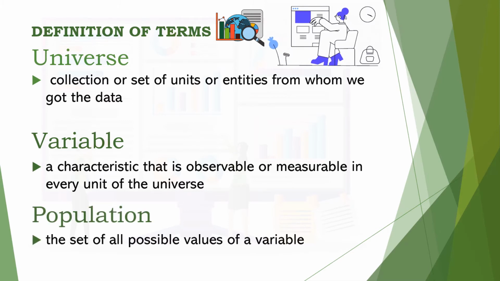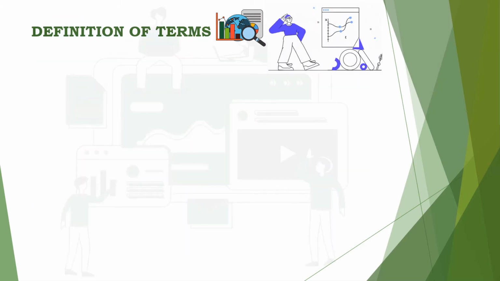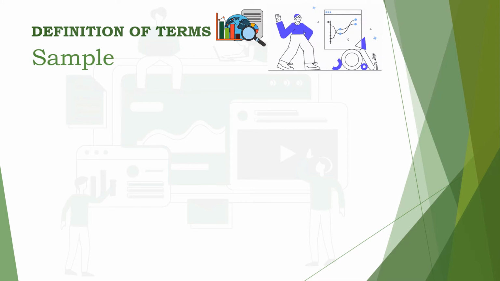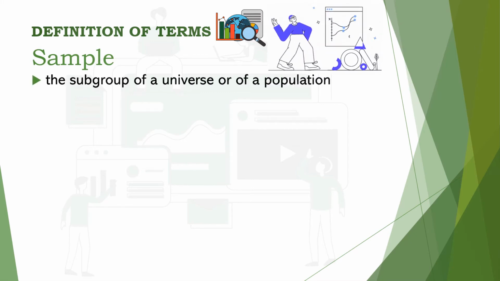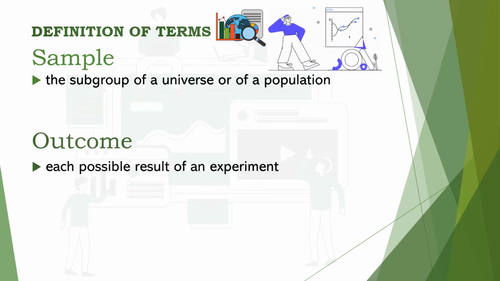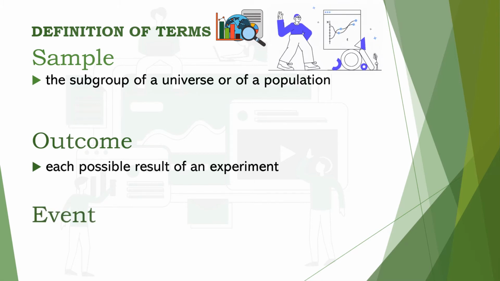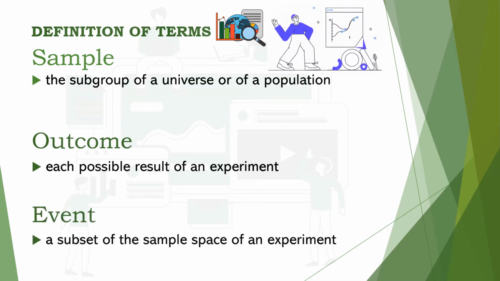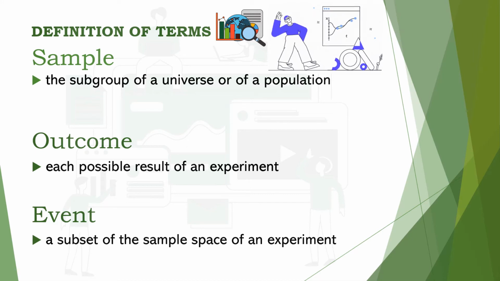The set of all possible values of a variable. Sample. It is the subgroup of a universe or of a population. Outcome. Each possible result of an experiment. Event. A subset of the sample space of an experiment.